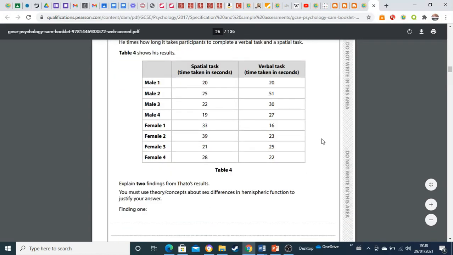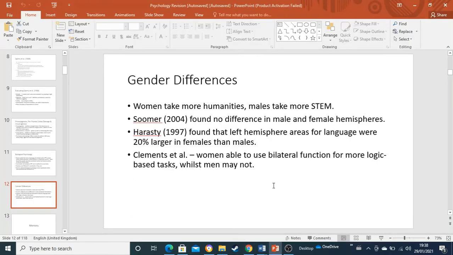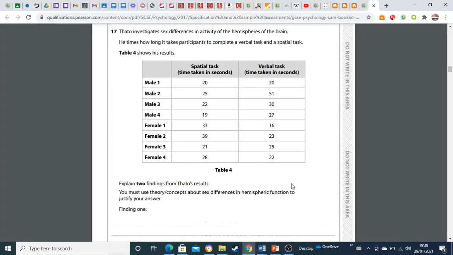If we quickly go and have a look, bilateral function for more logic-based tasks, whilst men may not. 20% larger.